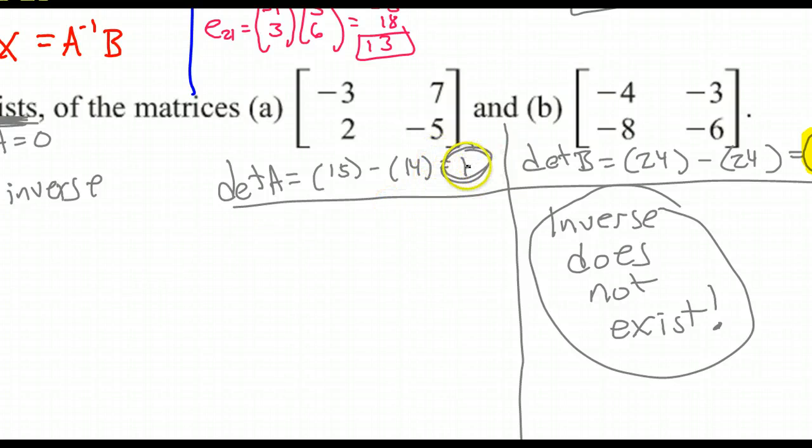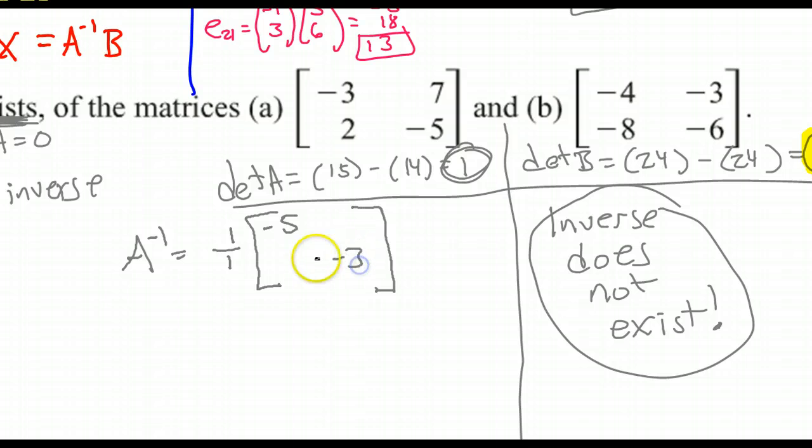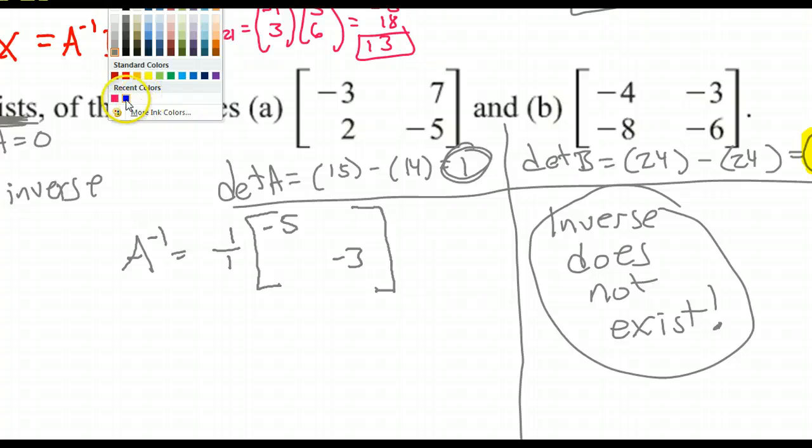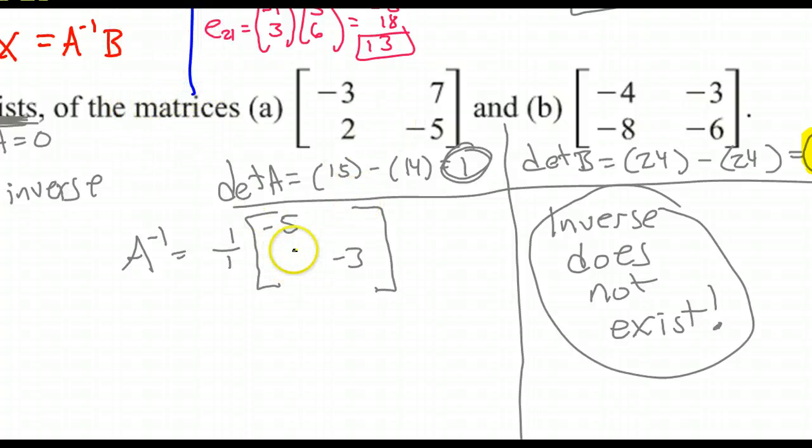So normally we would do 1 over this. Okay, but 1 over 1 is just 1, so it's really irrelevant. But this is the stuff when you're doing the inverse, that's when you reverse and negate. So reverse negate! Reversing these means -5 and -3. Okay, I just reverse those. Negating these means -2 and -7.